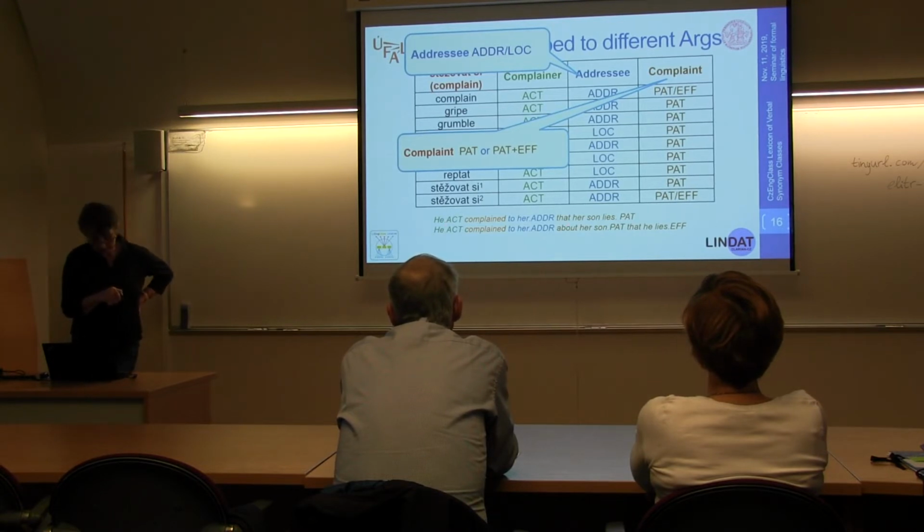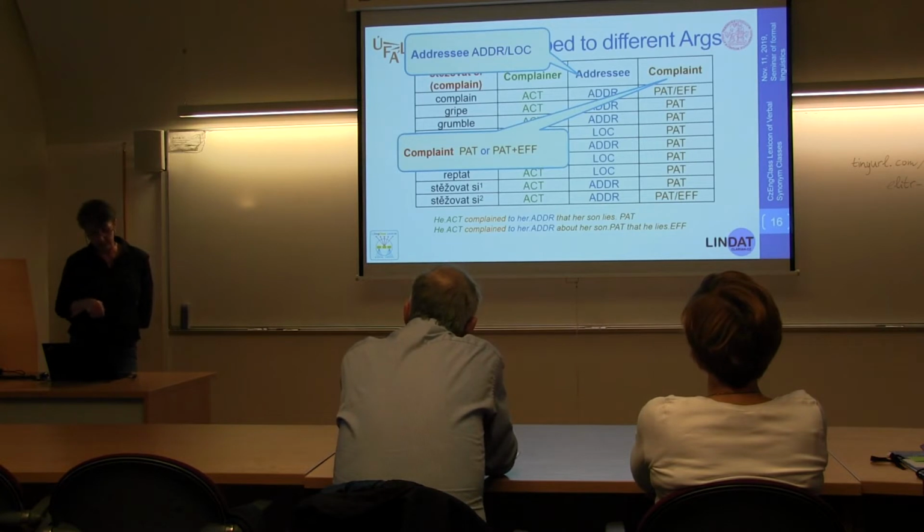He complained to her that her son lies, and he complained to her about her son that he lies. You see that on the deep layer, at the grammatical layer, these two sentences are annotated differently according to the valency frames, and that's because the topic is expressed differently in those sentences.